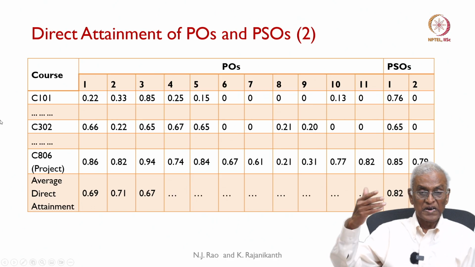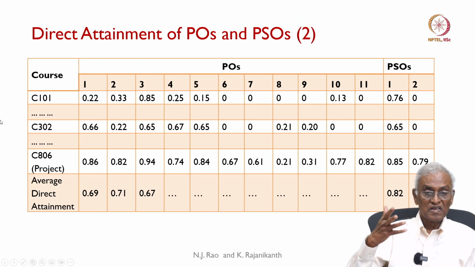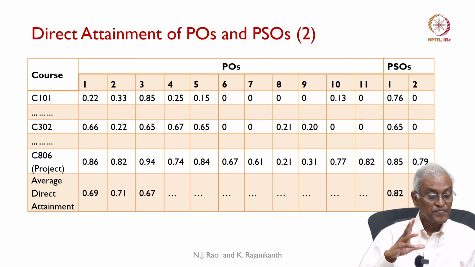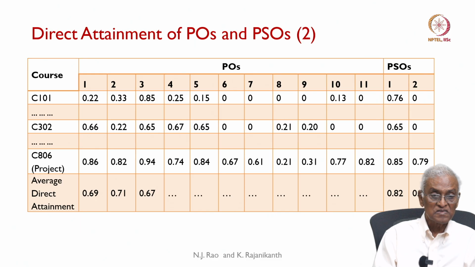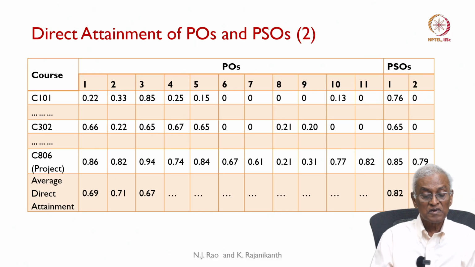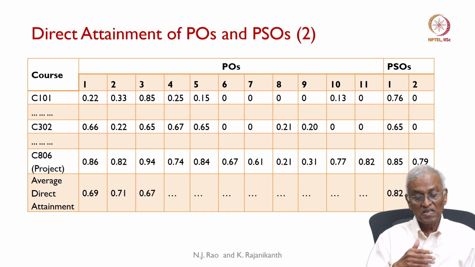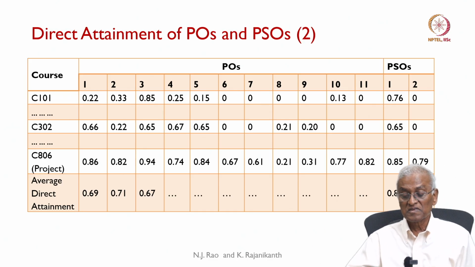It will be a huge matrix, maybe 35, 40 activities will be there, core activities mind you, and then you compute the average by whatever method you want to follow. Divide by the total number of activities, you may get a smaller number. You divide by the number of non-zero values, then you get slightly bigger numbers.